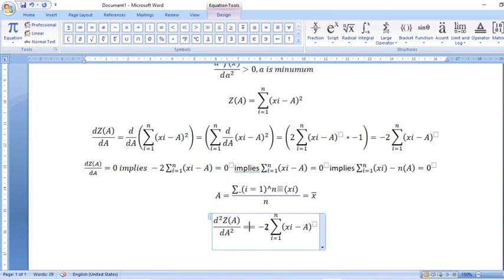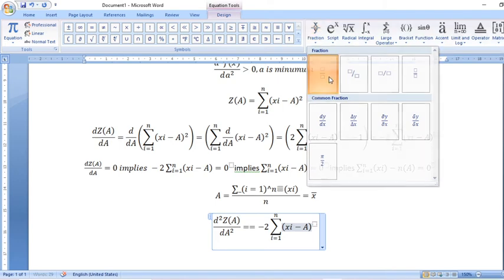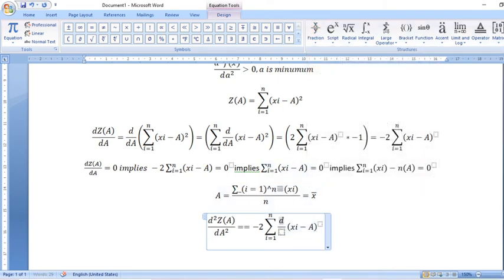The derivative of the derivative, d by dA of x minus a, is exactly equal to minus 2 into minus... so what is this?